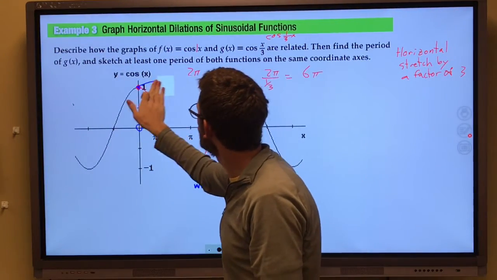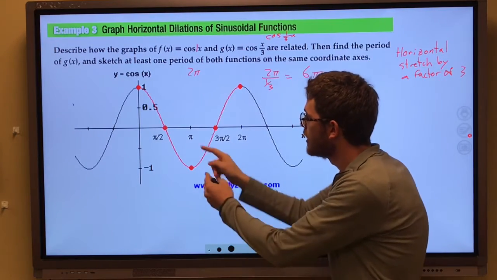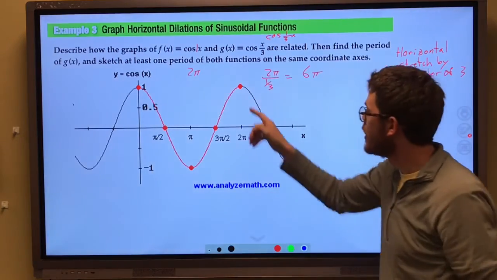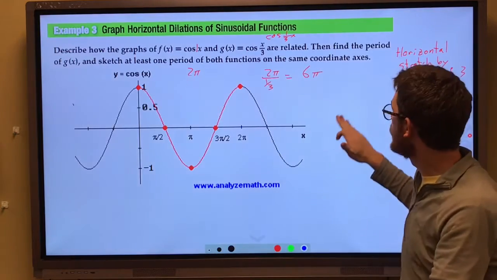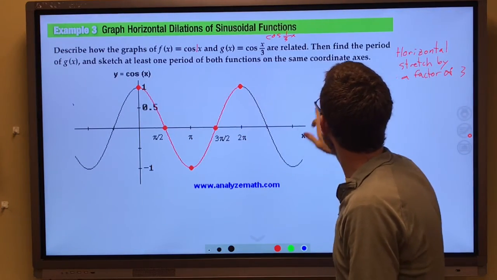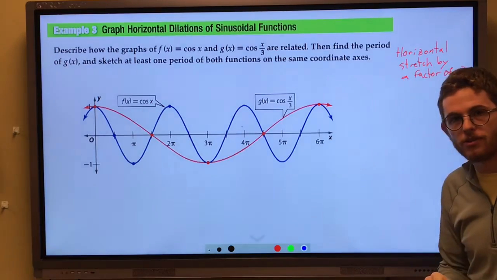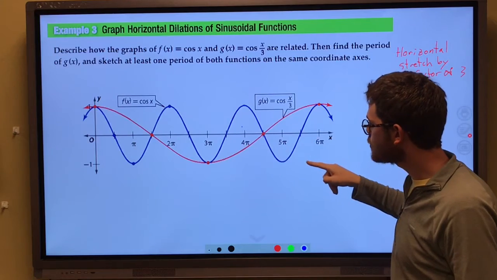So how does that affect it? Well, clearly it is going to take a whole lot longer before it gets back up to that crest. It's going to take 3 times as long. So I don't have room right here to show it. Instead, I got this graph right here. There's cosine of x in blue.